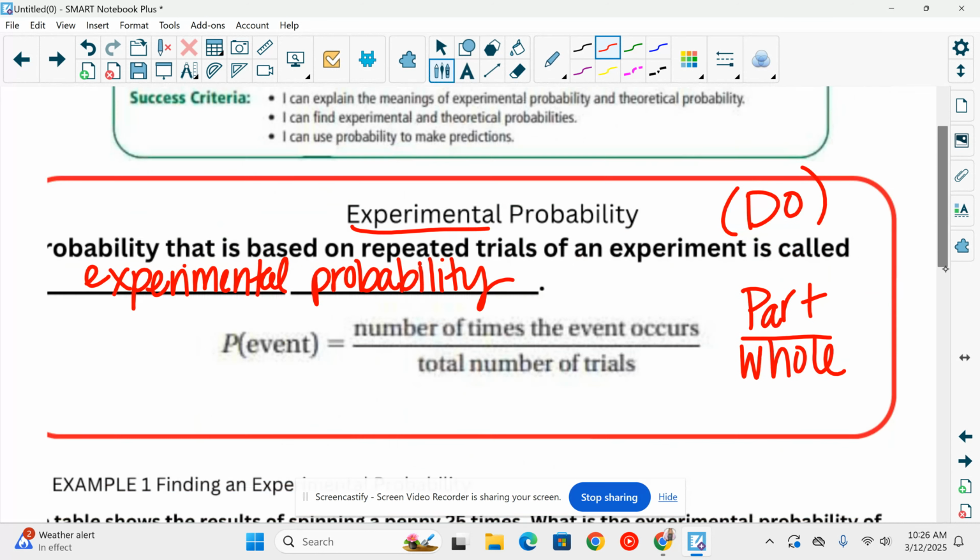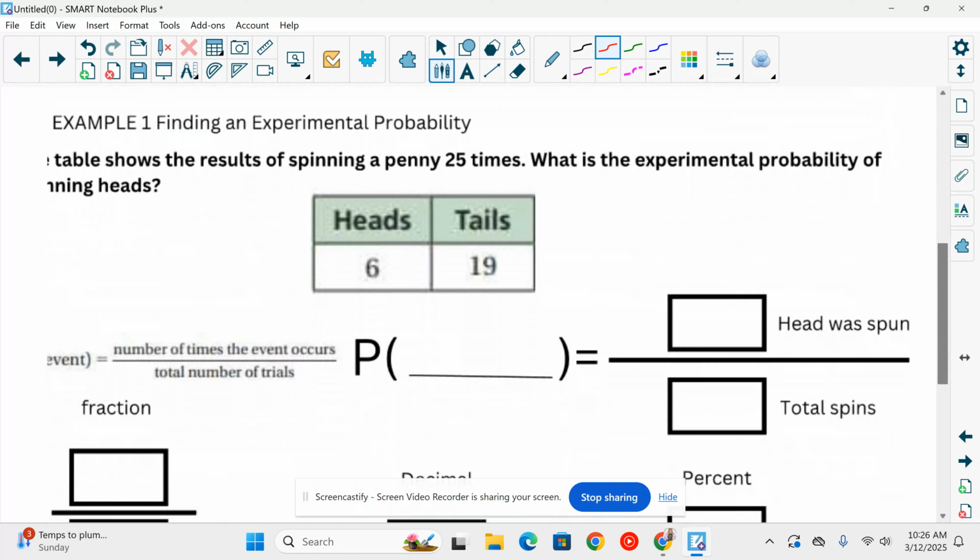Okay? So here we have where they did the same experiment as us. And it says the table shows the results of spinning a penny 25 times. What is the experimental probability of spinning heads? Okay, so what's the event that we're looking at? We're flipping our penny, but that's the experiment.